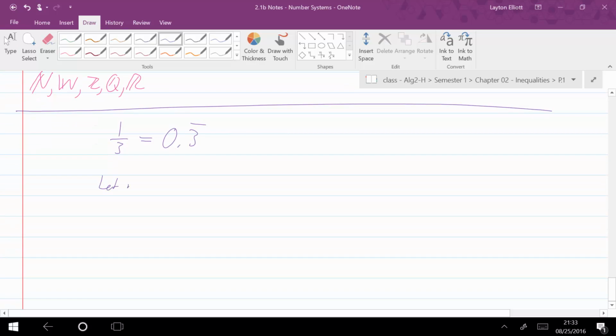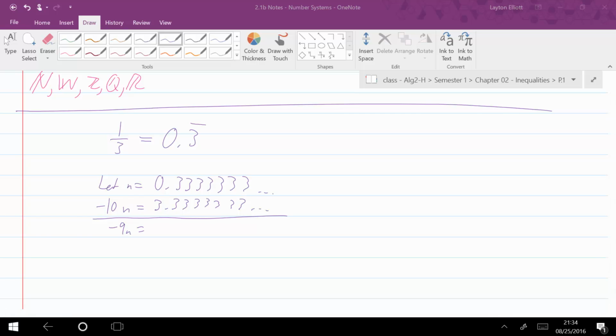If I let n equal 0.333333, and so on, and I decided to subtract 10n, now 10n would be the same as sliding this decimal point right, so that would be 3.33333333 repeating. I get negative 9n on the left, and if I subtracted this, basically I'd get 0 minus 3, because each of these would cancel.